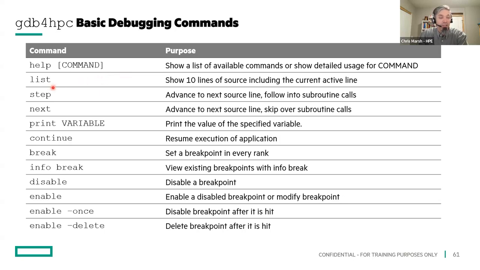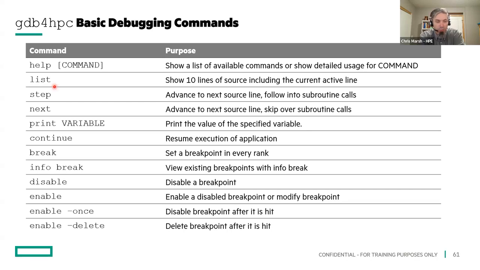The first thing I like to do, because when I'm interactive debugging, I need to see the code. I haven't committed it to memory. I list, right? So list is a command that will look at where in the program execution you are, and it will print out basically the next 10 lines of source.